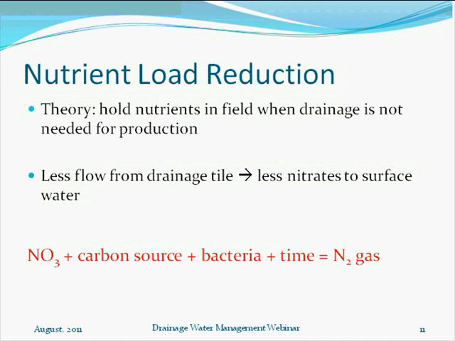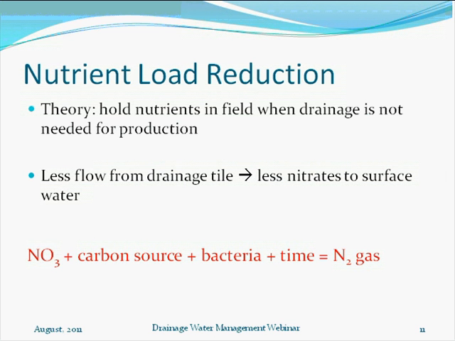Another thing to consider, though, is that in order to do drainage water management, you do have to be able to raise the water table. If you have the sort of soil that is not appropriate for having a water table, you're not going to be able to get any benefit out of this type of system for reducing nutrients.